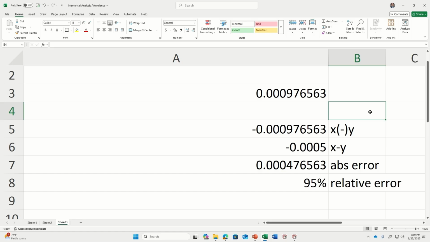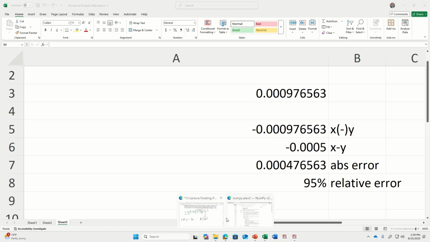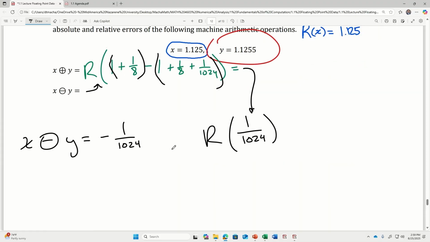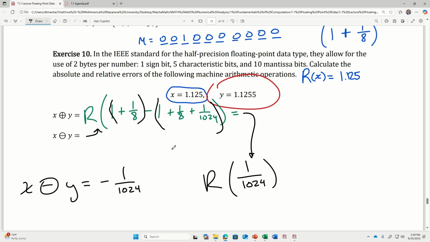So this might introduce one more vocabulary word that I can say to you before we leave. I didn't put it on the list. Okay, but stability. We say that addition and multiplication, and I think even division, are stable. That means small round off errors remain small round off errors after you do addition, multiplication, division.